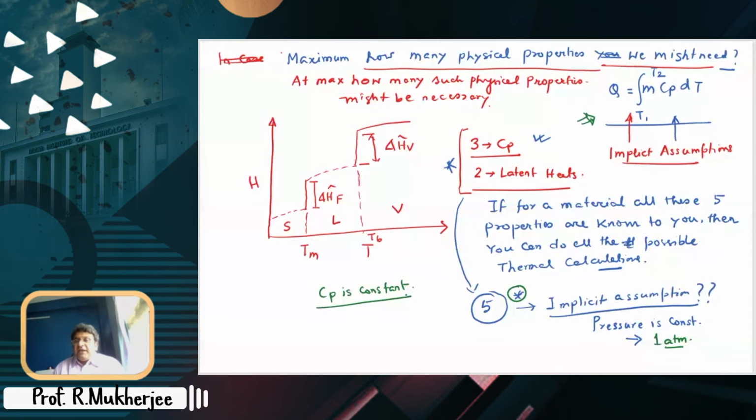Or will there be any signature whether Cp is constant or Cp is a function of temperature? Very good, Samira. Excellent. So it depends on, for a particular phase, whether you have a straight line or a curved line. If you have a straight line over the entire range, Cp is constant.